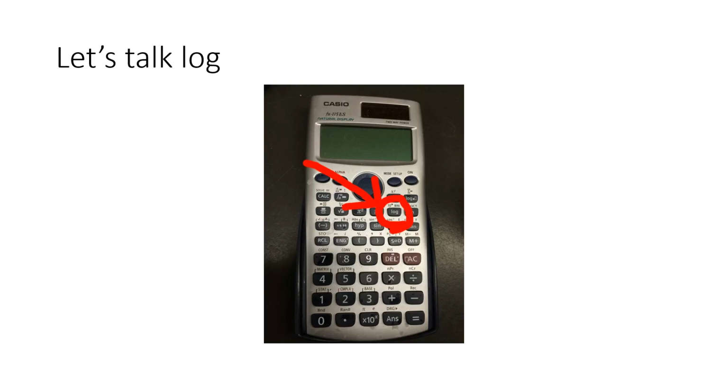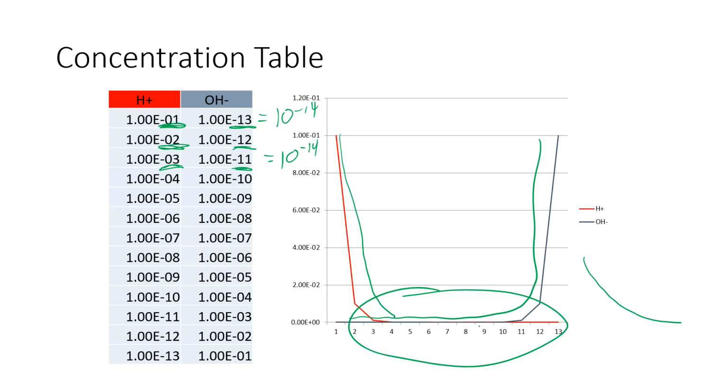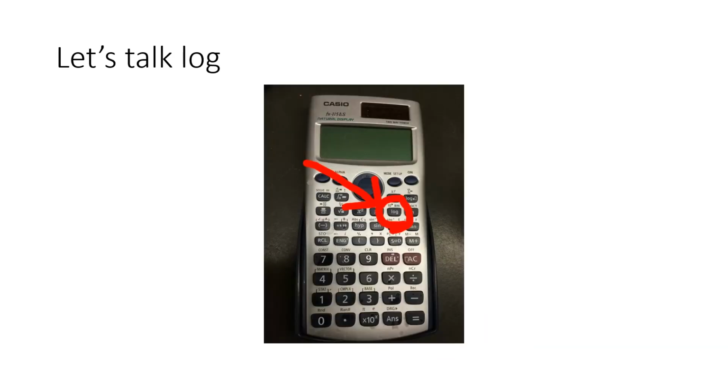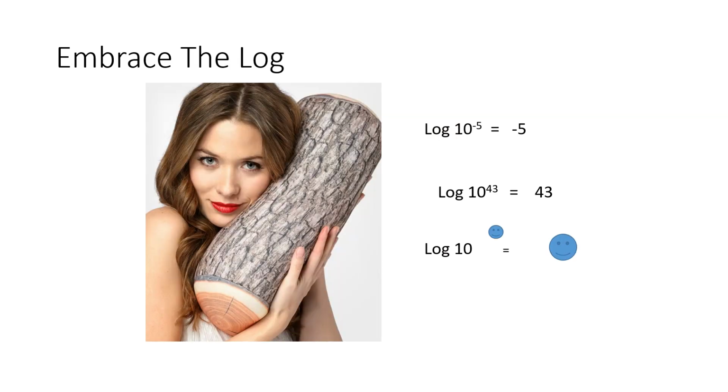So that's why we have the log function. The log function helps us bring this U shape into something a little more like what we were seeing before. So there's a button on your calculator. It says log. You need to embrace the log. What log basically tells you is, what power did I have to raise 10 to, to equal the number here?